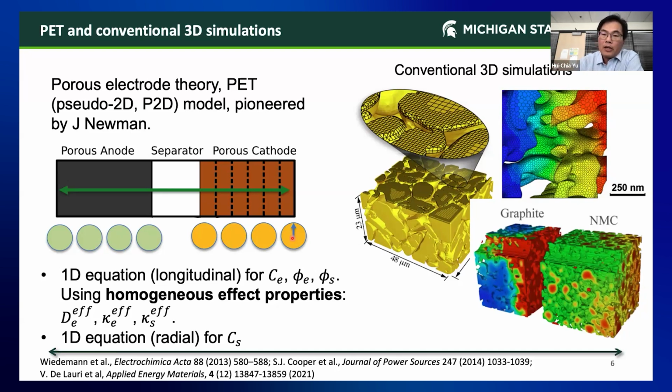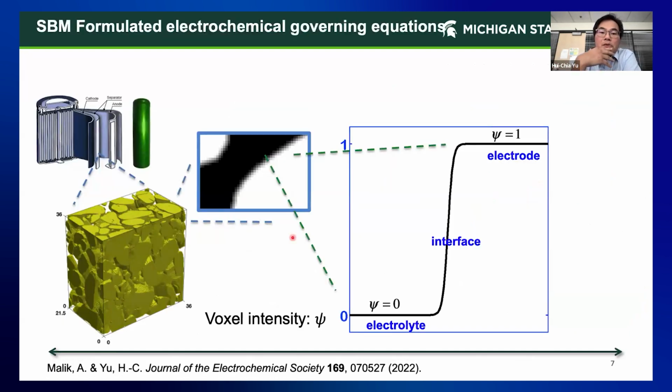So what we are working on is a direct voxel-based simulation. Like I said, your microstructure is defined by a 3D array of voxels, and each voxel has its value. We can define the pore region with voxel intensity 0, and the solid region with intensity 1.